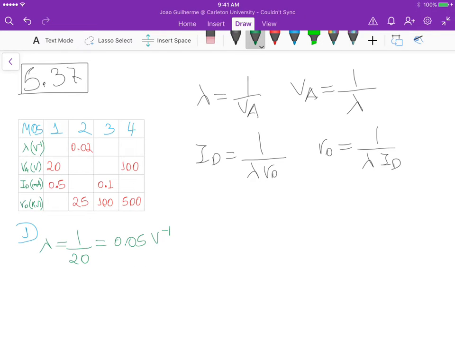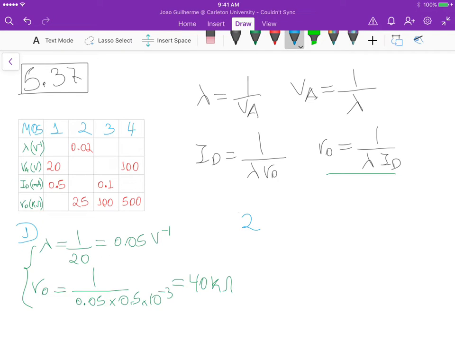We also need to define R0, the output resistance. R0 is equal to 1 over lambda times the current, using this equation here. We know lambda is 0.05, times the current, which is 0.5 times 10 to the minus 3. This gives us 40 kilo ohms. So this is for the first transistor.